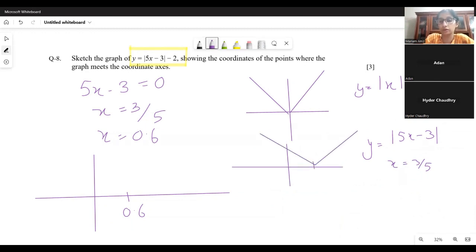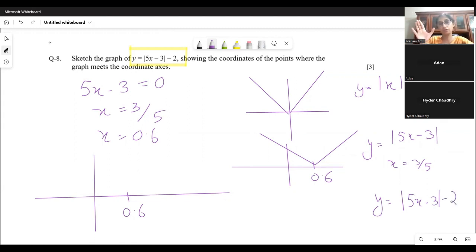So it's here. And then when you write y equals modulus 5x minus 3 minus 2, the same graph goes 2 units down as well. So the turning point is 0.6 comma minus 2. This is the turning point. And this is what the sketch would look like. Okay, ma'am.